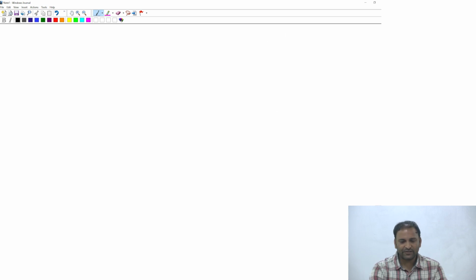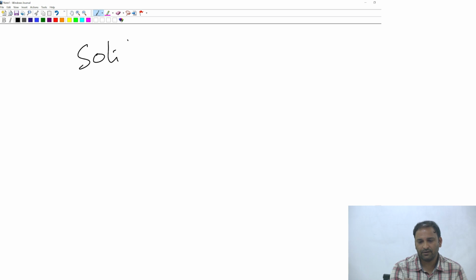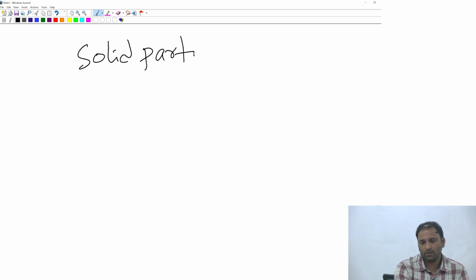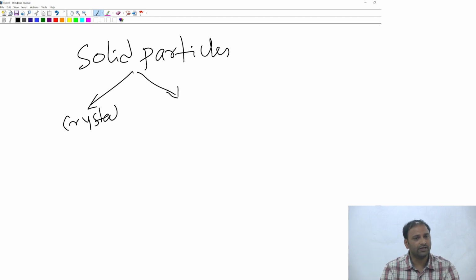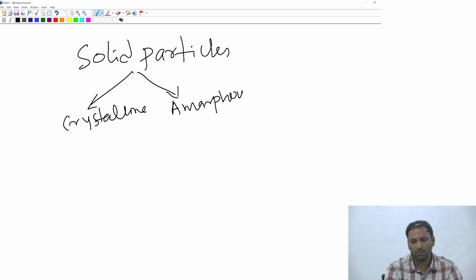Now, specifically, if you come to solid particles, okay. People may be working with particulate solids, which could be crystalline, okay, or amorphous, right? And again, crystalline, all of you have done, I'm sure, some basic material science where you will know that crystalline material can exist in something called a Bravais lattice, right?